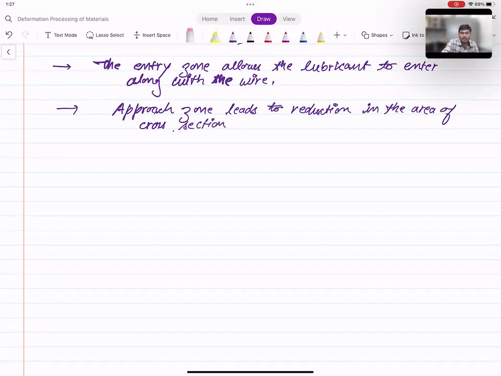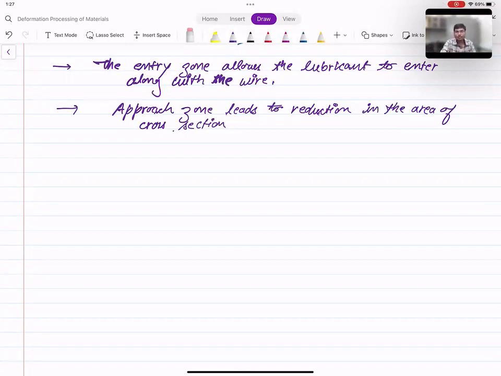And die angle, in general, when we see die angle we consider alpha, but actually the die angle should be 2 alpha. So from now onwards, for our convention, we will use die angle as alpha only. Means we will consider the approach angle and die angle to be alpha. So whenever we write alpha or die angle, it will mean the approach angle only.